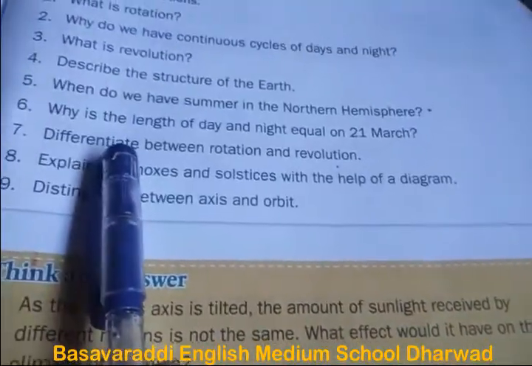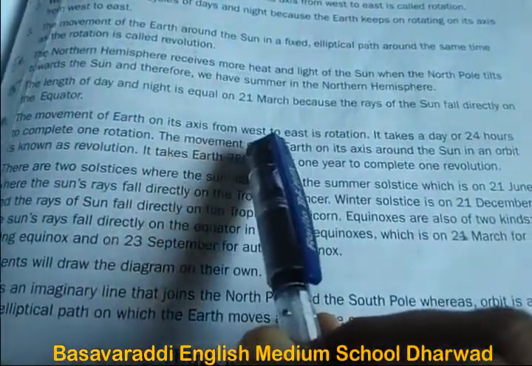Seventh question. Differentiate between rotation and revolution. You can write it in a very short method, or you can write it in a long method. That is left to you. The movement of the earth on its axis from west to east is rotation.